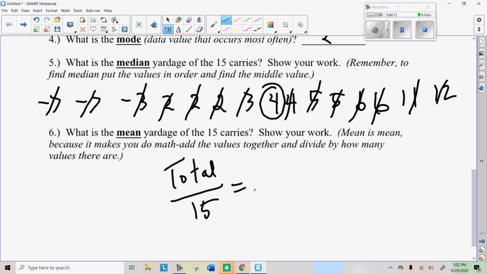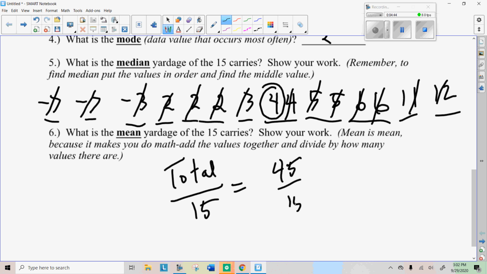So the total, you have to add all these up. -7 and -7 is -14, -17, plus 2 is -15, -13, -11, and 3 is -8, and 8 is 0, and 10 is 10, and 12 is 22, and 11 is 33, and 12 is 45 is the total.